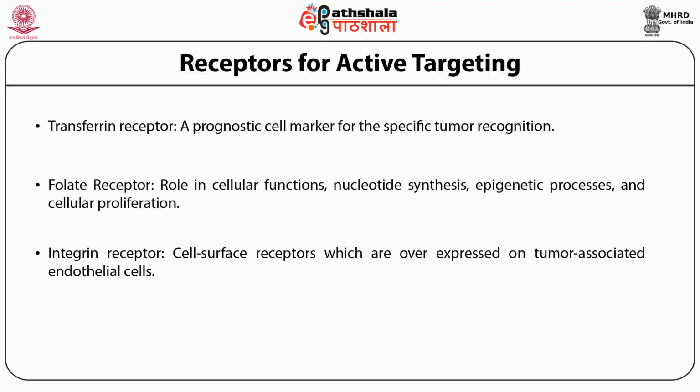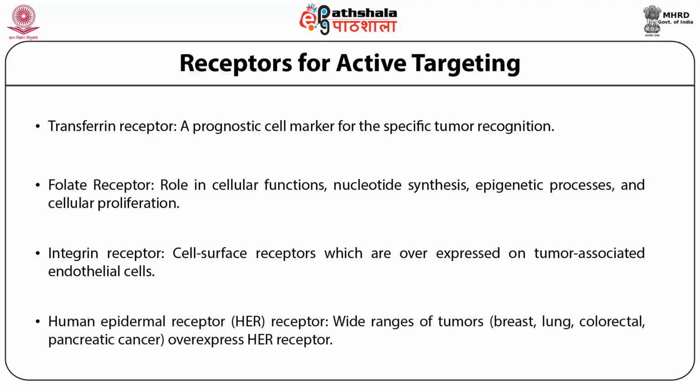The next receptor is the human epidermal growth factor receptor. This particular receptor belongs to the enzyme family of tyrosine kinases, which contributes significantly to cell proliferation, differentiation and cell growth.